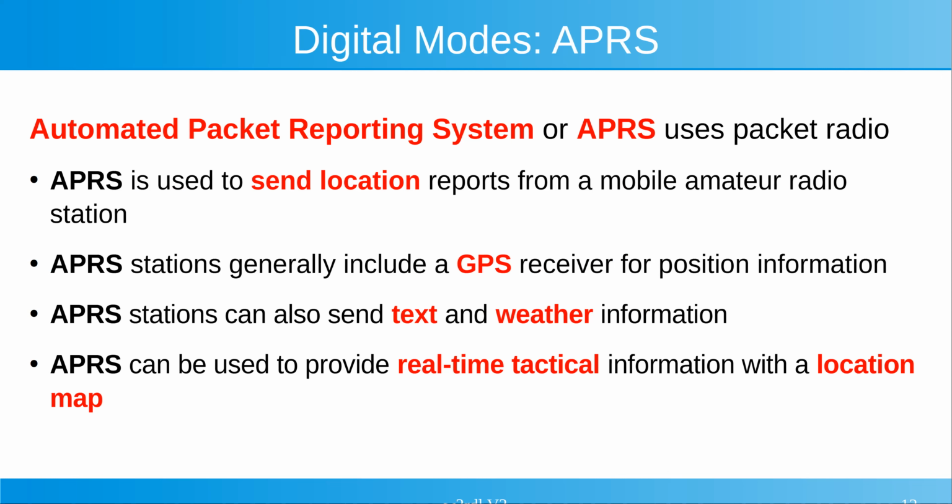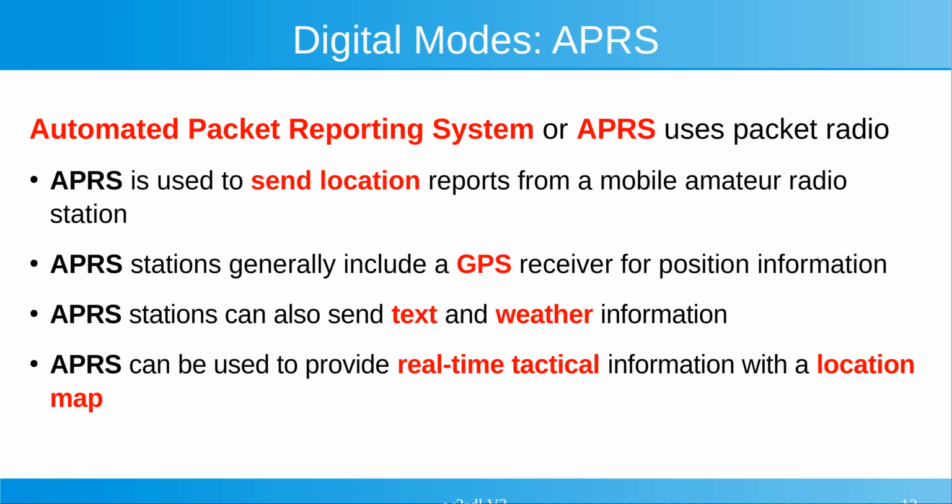But you know where it is. It shows up on the map because it has GPS. Normally most APRS transmitters are going to have a GPS source. In some cases, if it's really a fixed station, you could just have pre-programmed GPS coordinates. It doesn't actually have to have a GPS satellite connection.